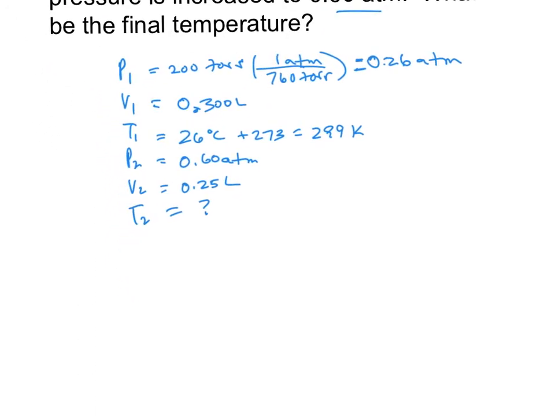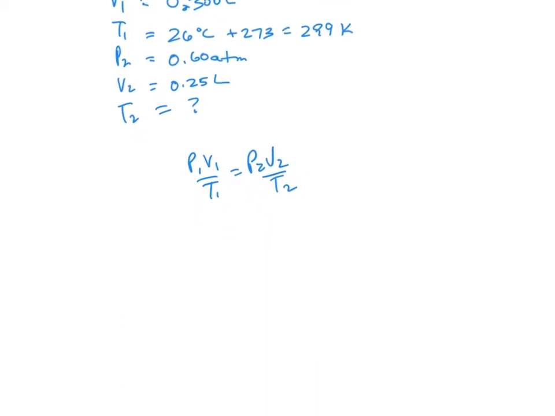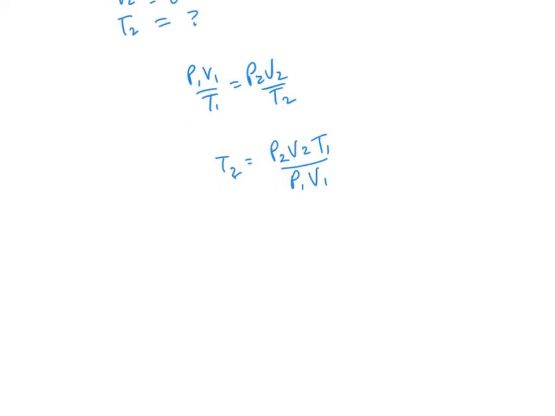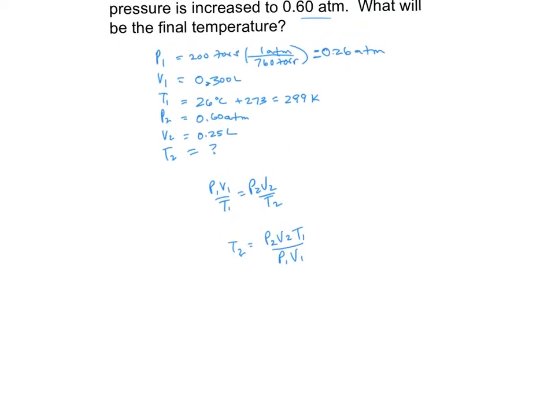Okay, so that's what I do. I write it all down and make sure all your units are the same. Then you say P1 V1 over T1 is equal to P2 V2 over T2. We're going to solve for T2 here. So T2 will be equal to P2 V2 T1 divided by P1 V1. Just play around with that a little bit until you see that's the situation.